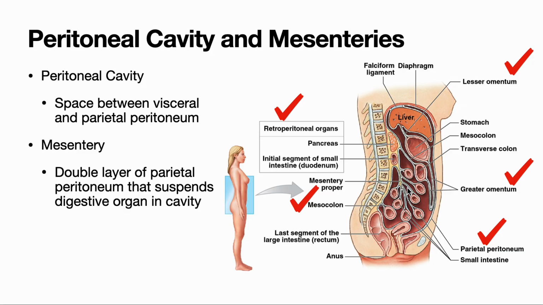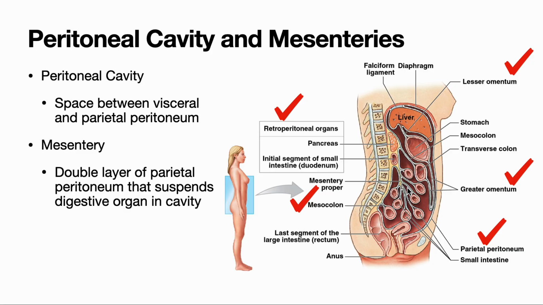And so the mesentery is connective tissue formed from the visceral and parietal layers of the serosa that help suspend the digestive organs in the peritoneal cavity. And that's really important because with all the movement that happens here, it prevents the small intestine and the bowel from tying themselves up in knots and potentially cutting off their own blood supply.